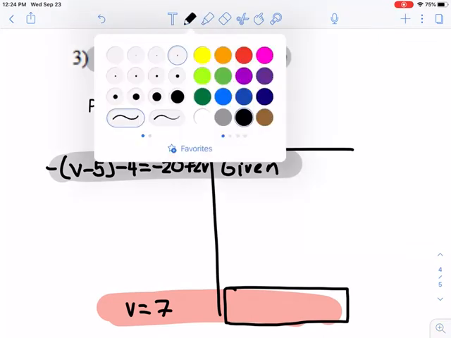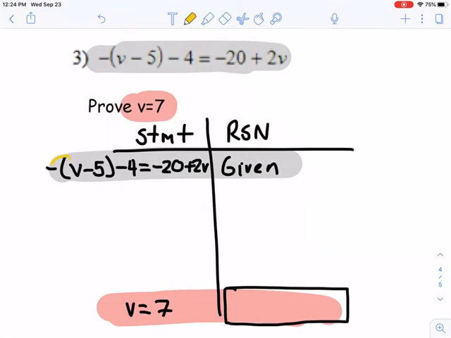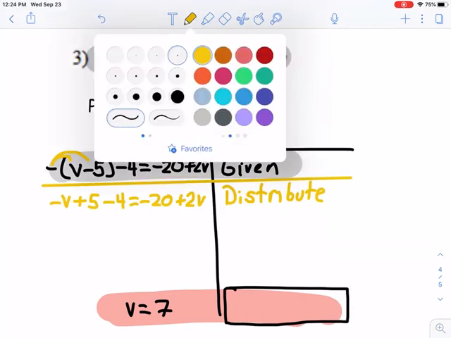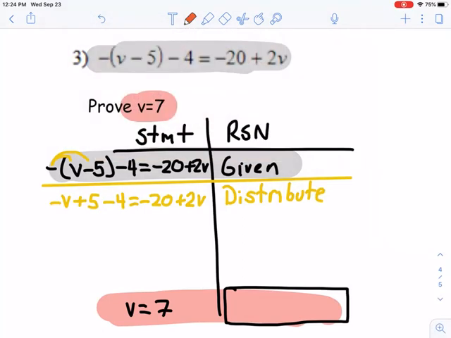I'm super nervous. Let's use some different colors. Let's use burnt yellow. So I'm going to distribute. I'm going to get negative v plus 5 minus 4 equals negative 20 plus 2v, and I distributed. Next, let's use navy orange.